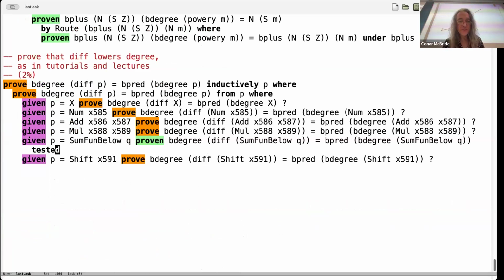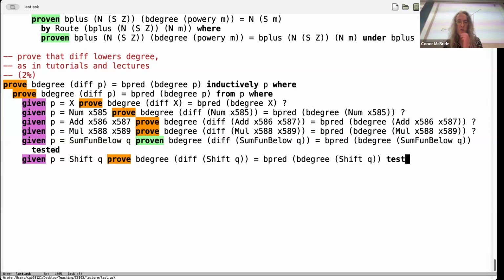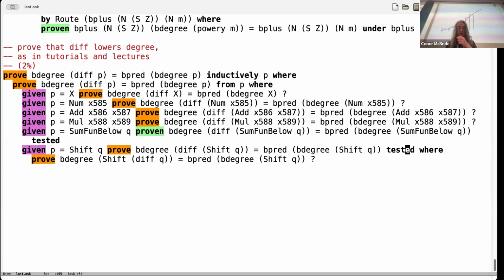Meanwhile, back in shift land, what do we want?